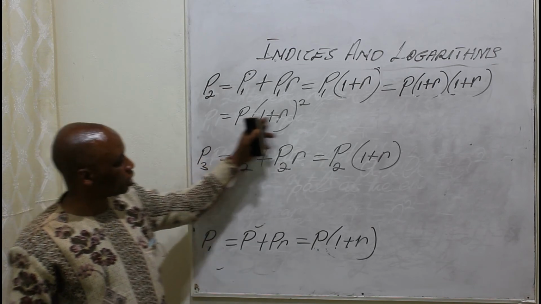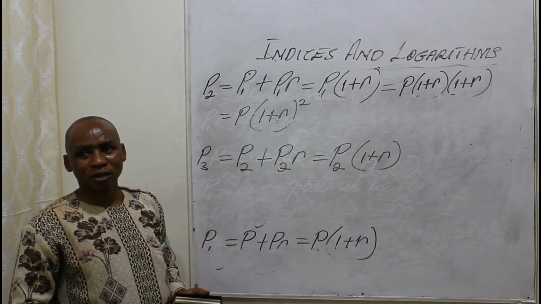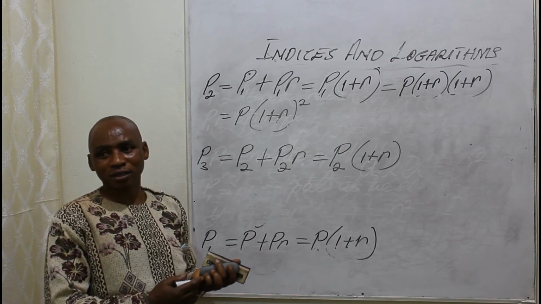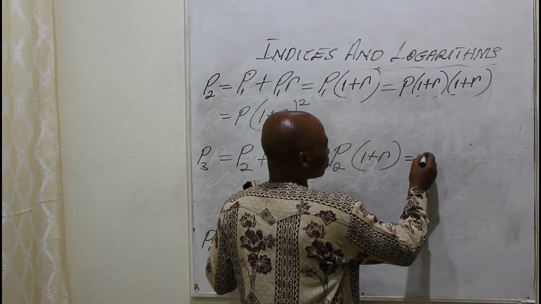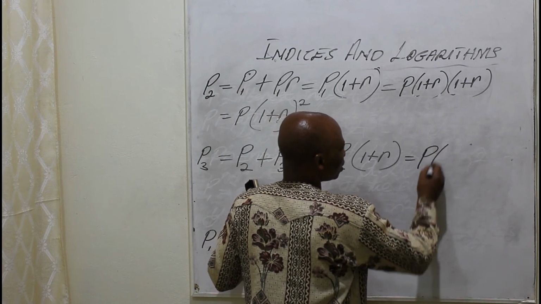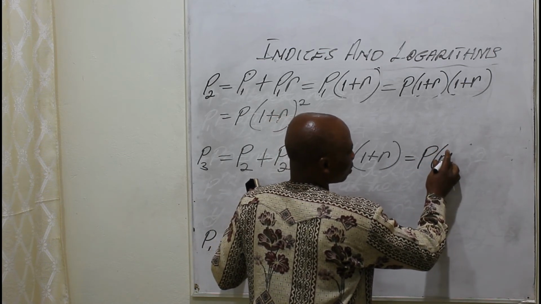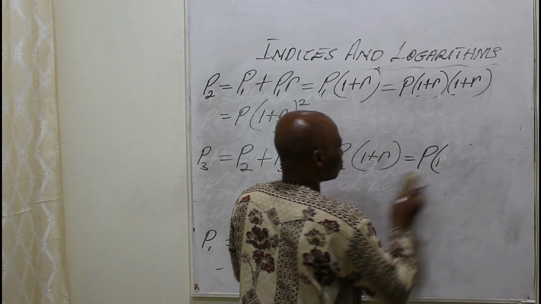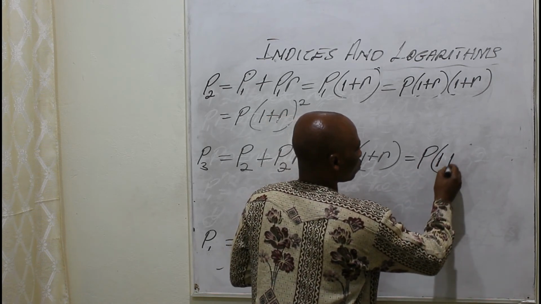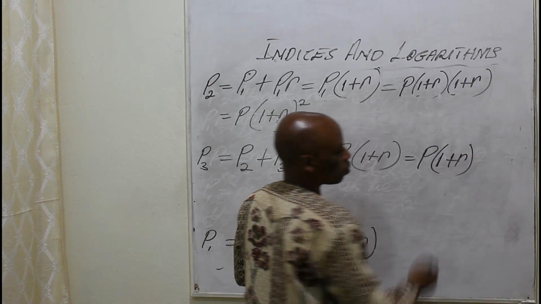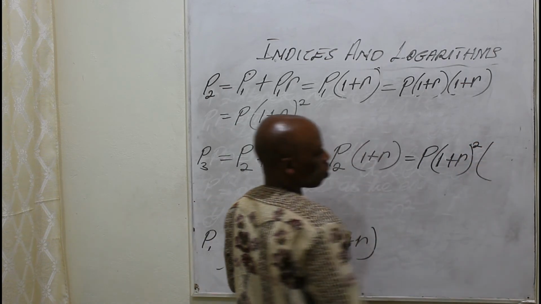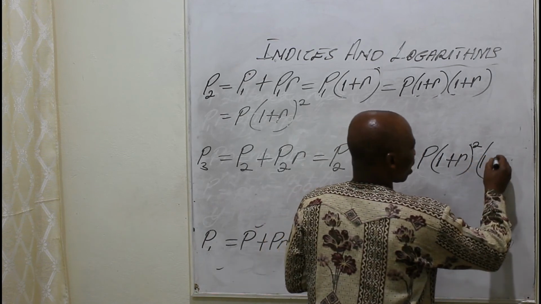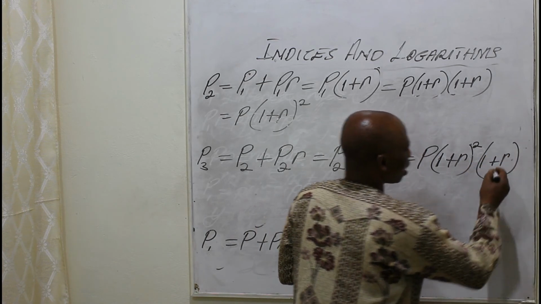So substituting that into the principal for the 3rd year, we will end up getting P times 1 plus R raised to the power 2 all times 1 plus R.